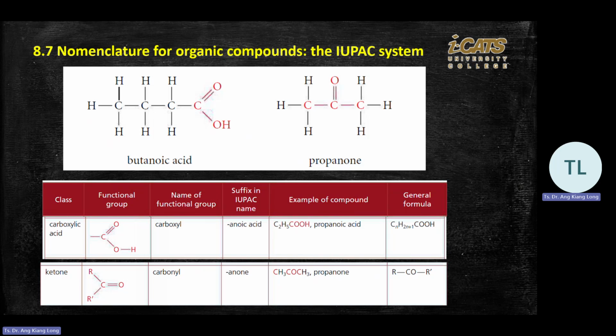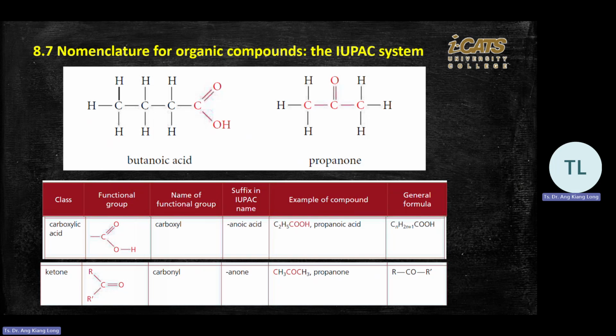So COOH is this one. So it's a carboxylic acid, and the suffix in the IUPAC name is anoic acid. So you put this anoic acid after the but. Combine this one with the but, so you call it butanoic acid.